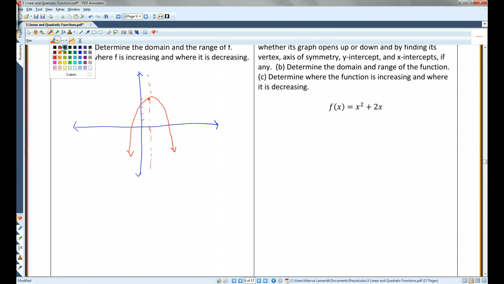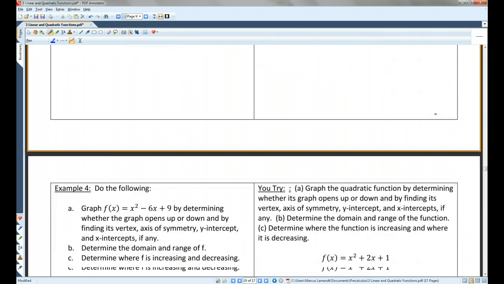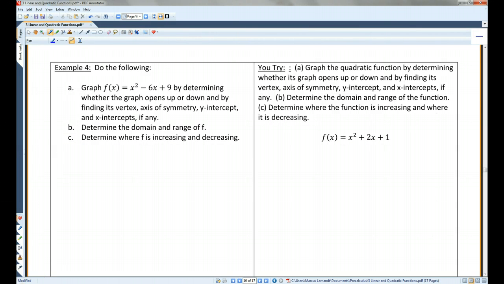So I'm going to write that down. There we go. Alright, you guys can try this one. Let's go on to example 4.